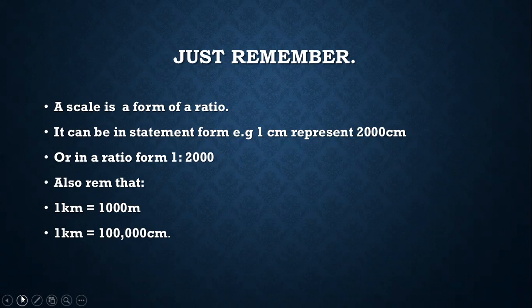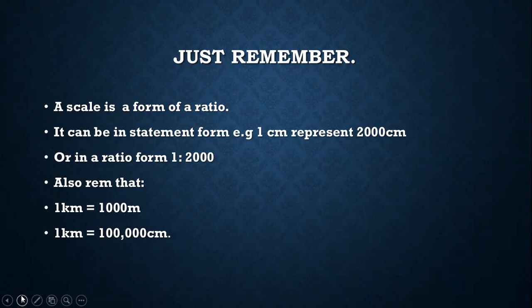Remember, even if you're doing social studies, the distance on the map is represented using a scale because the actual distance cannot fit on that simple paper that they've given you. So we use a scale.